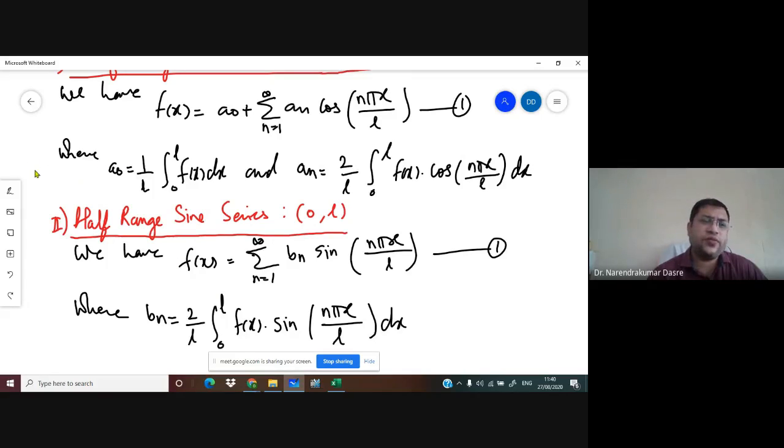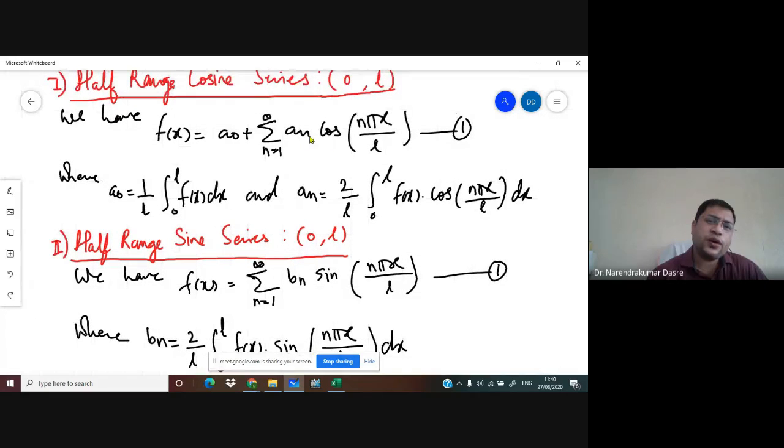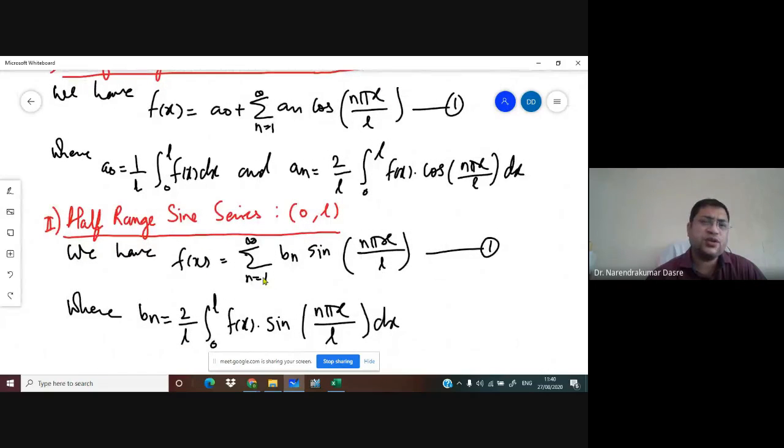Here we are restricted to use only cosine functions, and here only sine functions. In the previous examples, we decided the Fourier series depending on the interval and the nature of the function.